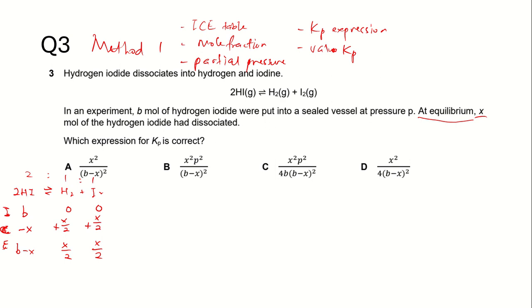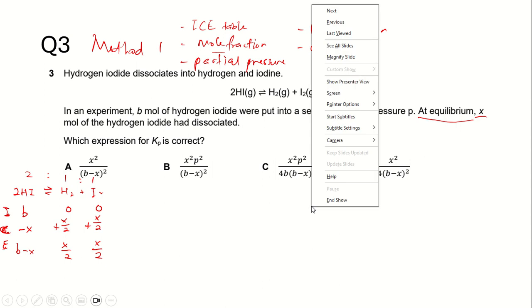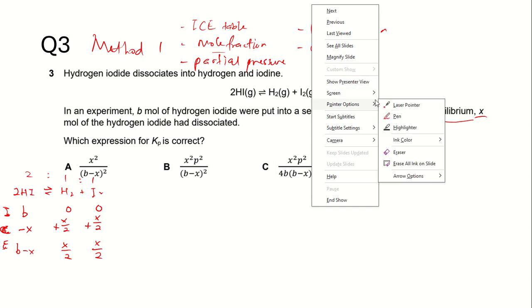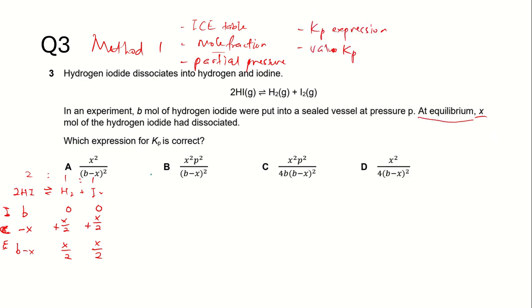Now it's time to move on to finding mole fraction for each of them. Okay. Let me change the color of the ink. I'll use green for mole fraction. So let's find mole fraction. Now, how to find mole fraction? Let's say I'll find the mole fraction of HI.